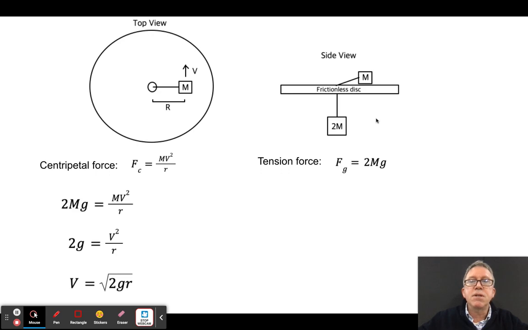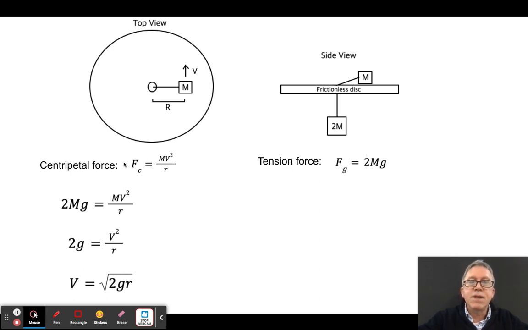All right, so let's just see how we do that. So I say, well, the centripetal force is equal to this equation here, Fc equals mv squared over r. And I'd say, well, it is the tension force that's providing that, right? So that tension force is equal to 2mg, because this gravitational force is being canceled by the normal force here, but this one is not. So the tension force, since this is not accelerating up or down, is going to be equal to 2mg.